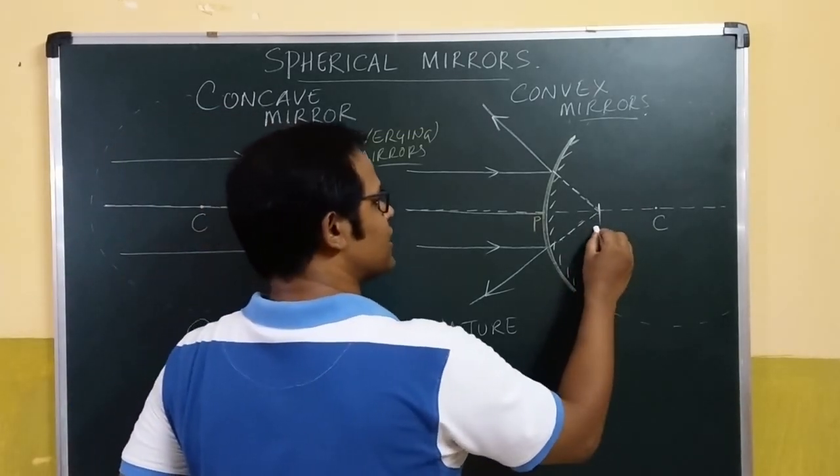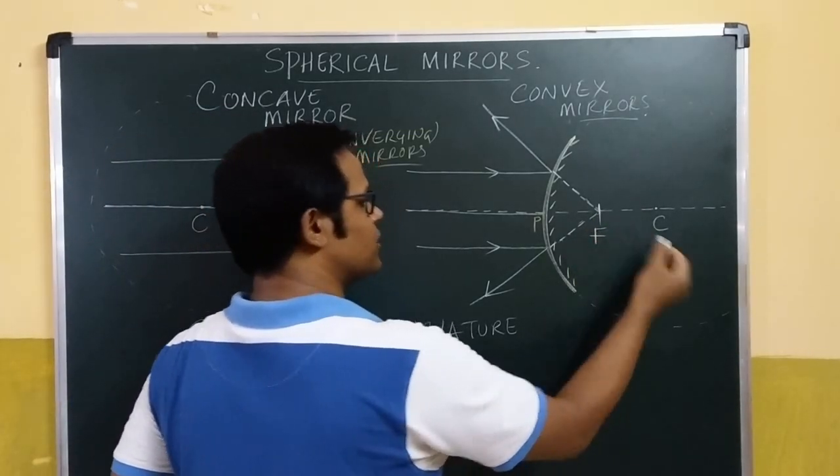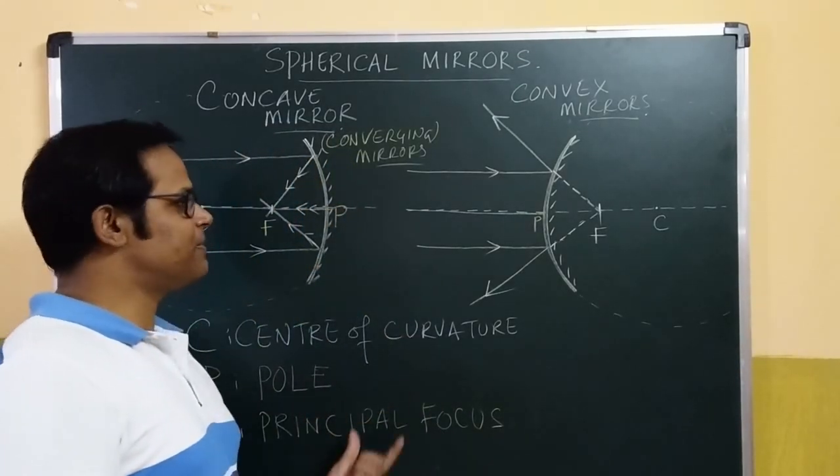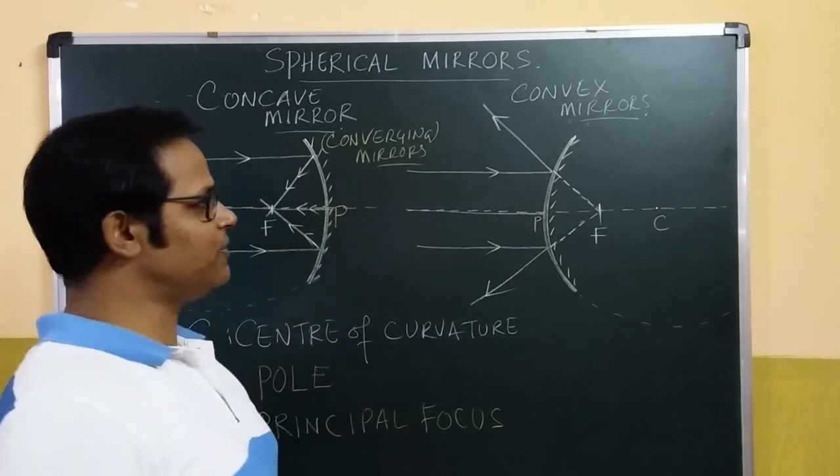And this virtual intersection of the reflected beam is also denoted as F, F standing for the same terminology, principal focus.